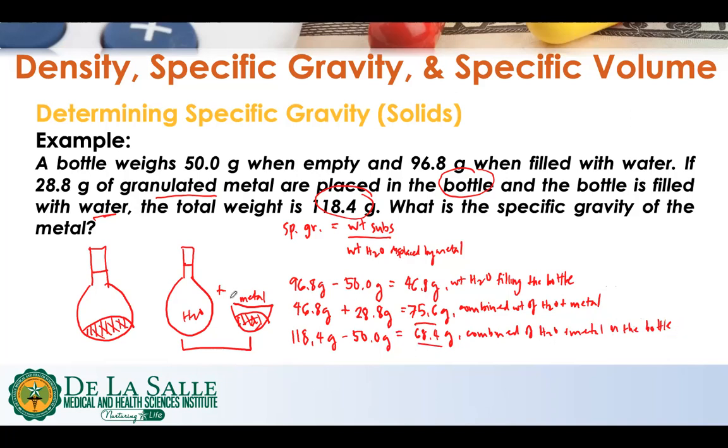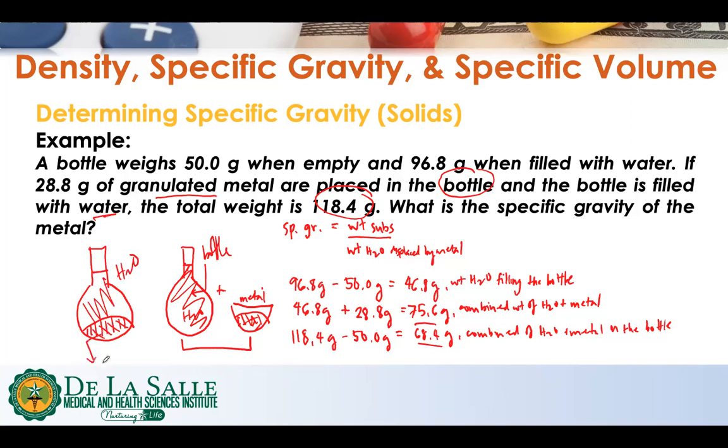Why is that so? Remember that we determined the combined weight of water and the metal by simply adding the weight of the water that is contained in the bottle and the weight of the metal. Now, when the metal is placed in the bottle and the rest of the volume of the bottle is filled with water, the metal will displace a certain volume.